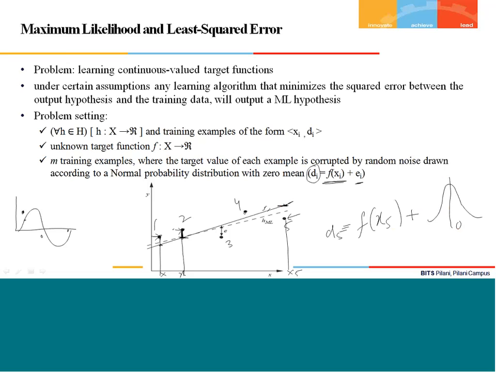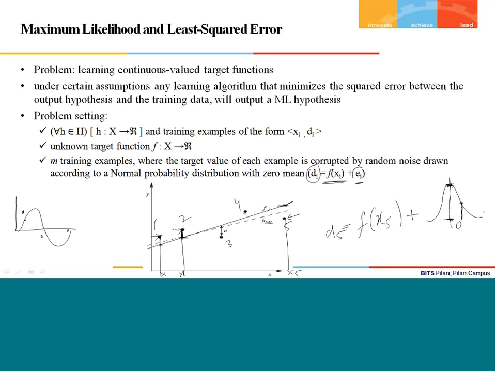So it means I have to pick some number with some probability. Picking this number has the maximum probability because the mean is zero, and picking this other number has less probability because the probability is lower here.